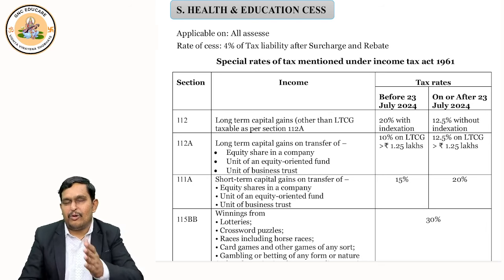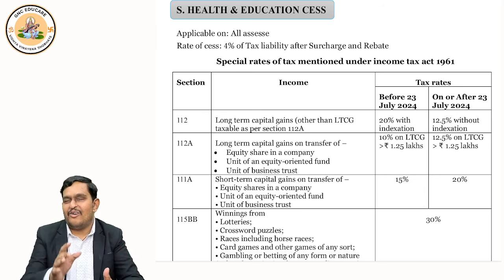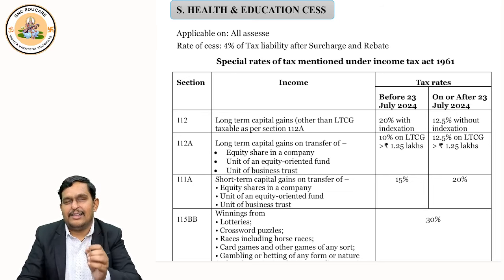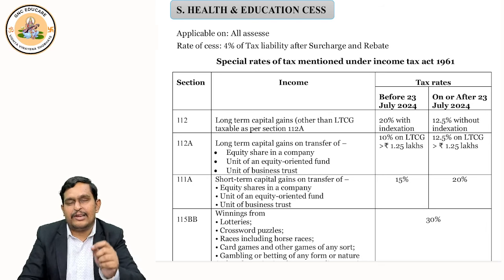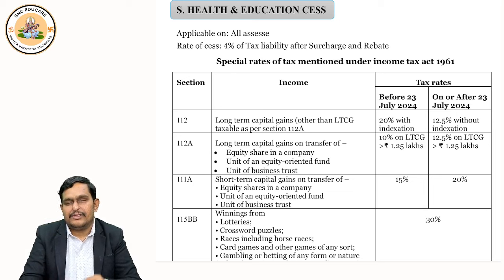Before 23rd July 2024 and on or after 23rd July 2024. So whenever I say before, you should understand it is before 23rd July 2024. When I say after, it is on or after 23rd July 2024. Now, I'll tell you the reasons also why they changed the rates.